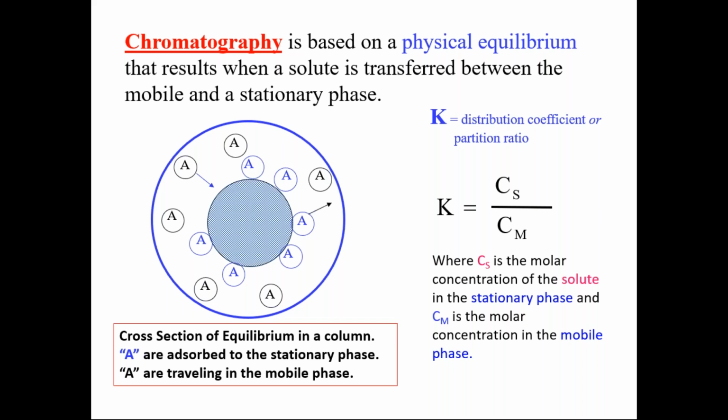Previously, in the previous formula, it just said concentration, but here we are very particular and say it is the molar concentration of the solute in the stationary phase divided by the molar concentration in the mobile phase. So it is the differential affinity.